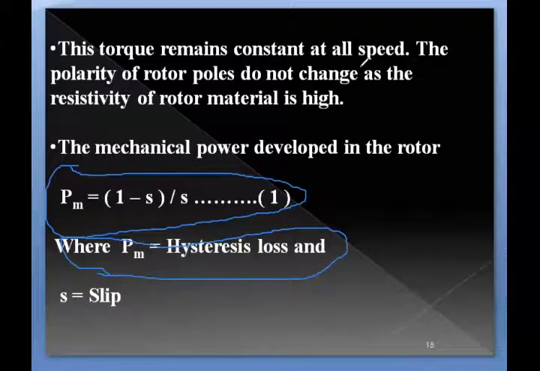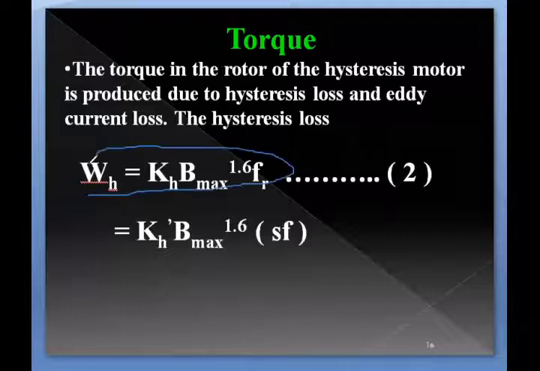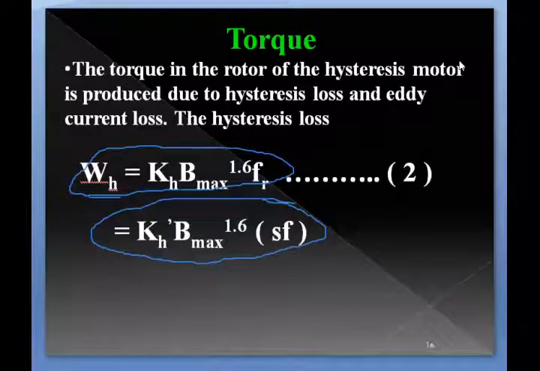Next, the torque produced due to hysteresis loss is here. This is the equation of hysteresis loss. We already know it from the magnetism chapter. This is the equation, and this loss develops the torque.